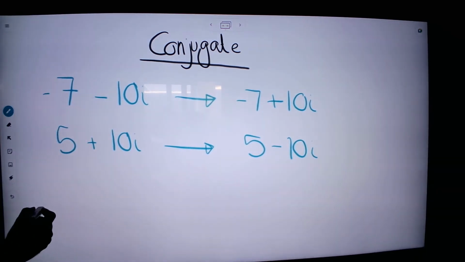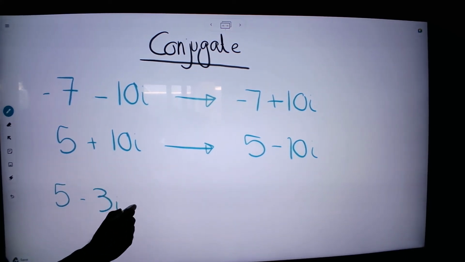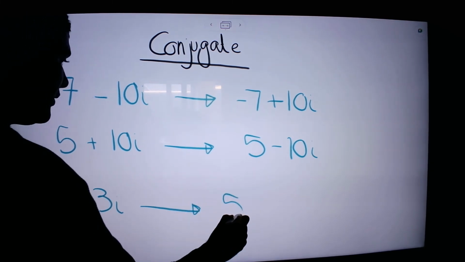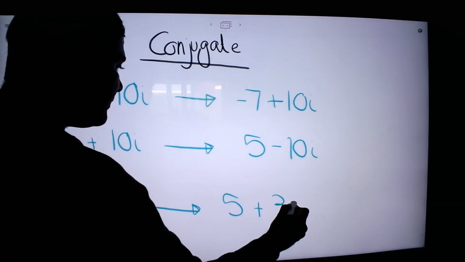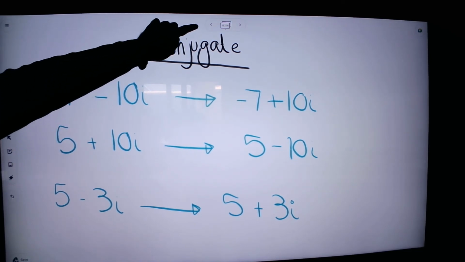If it's 5 minus 3i, the conjugate is 5 plus 3i. So these are the conjugates.